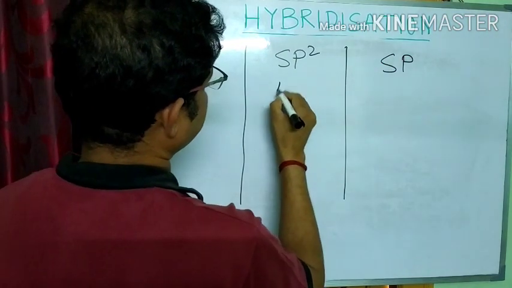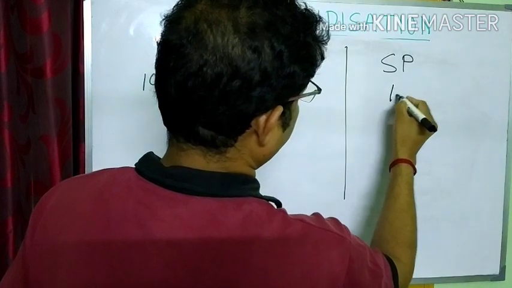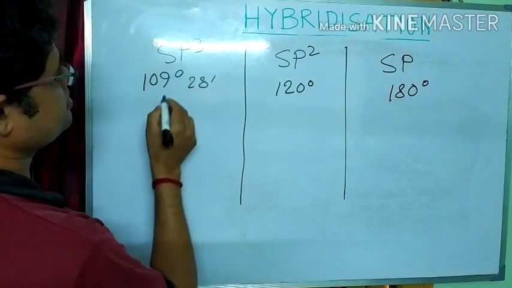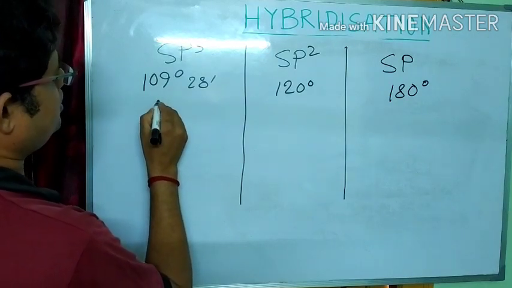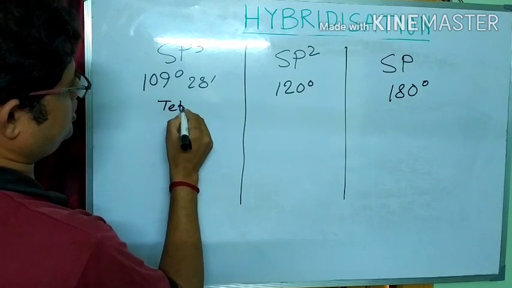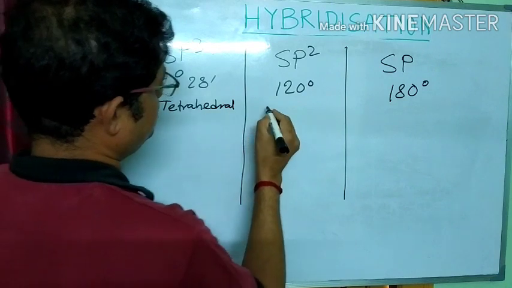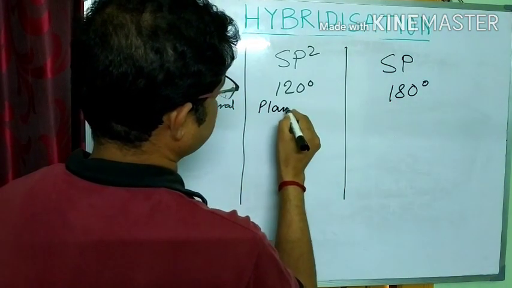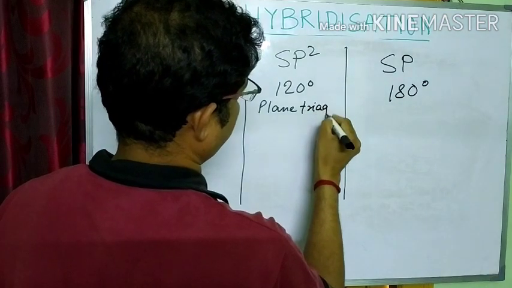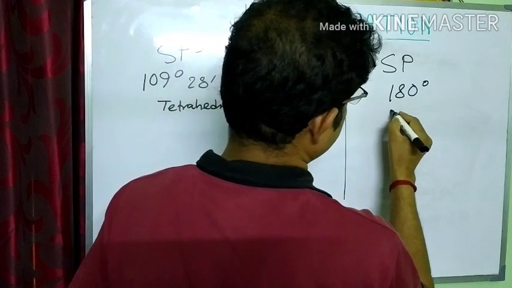In sp2 hybridization, the bond angle is 120 degrees, and in sp it is 180 degrees. The structure of sp3 hybridization is tetrahedral, sp2 is plane trigonal, and sp is diagonal.